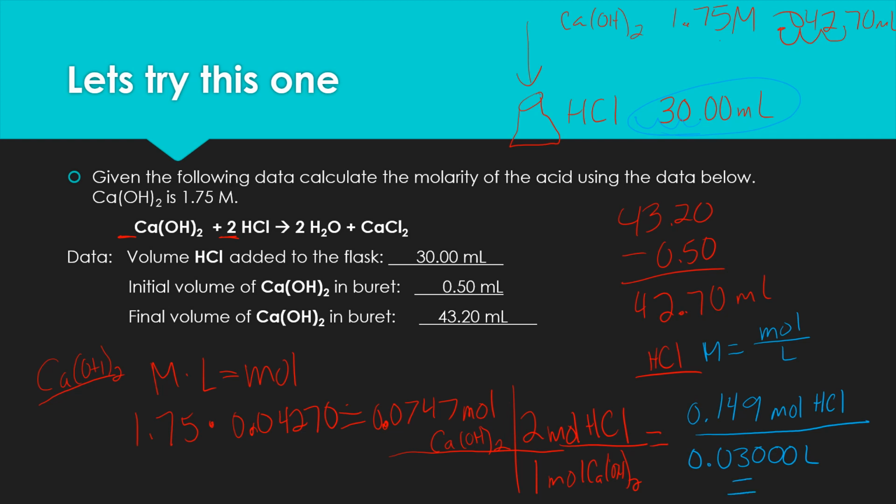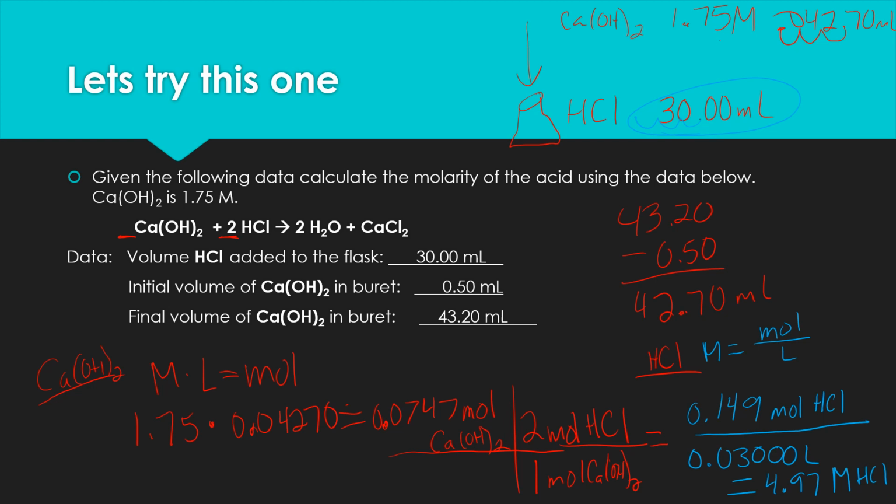So 0.149 divided by 0.03000, and we get 4.96, and the 6's do continue, so we want to round that up. Again, we have 3 significant figures, so 4.97 molar HCl.